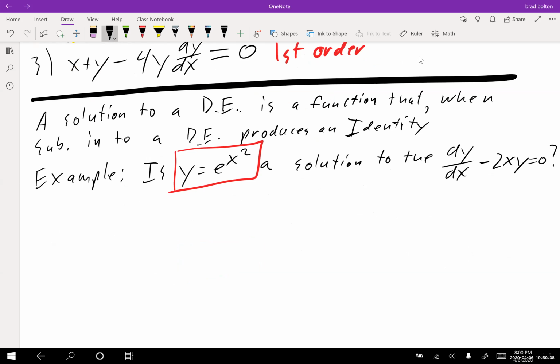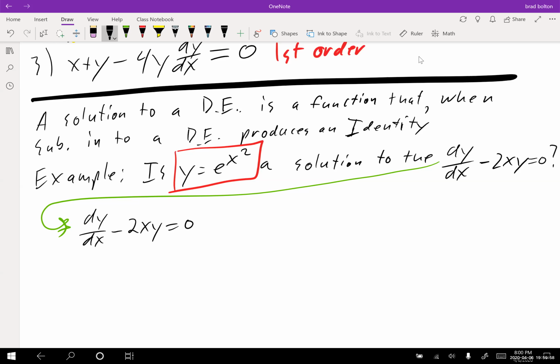So I'm going to take this and bring this whole problem over here. We have dy dx minus 2xy is equal to 0. Now, what I need to do is plug in y equals e to the x squared for y. Well, that'll be great for right here. But what am I going to plug in for dy dx?